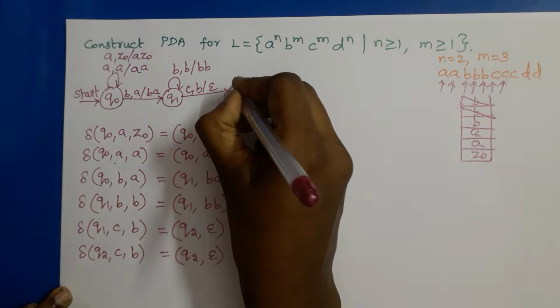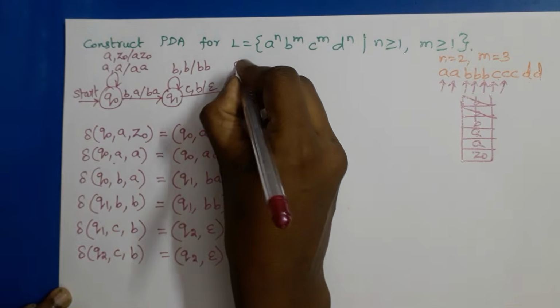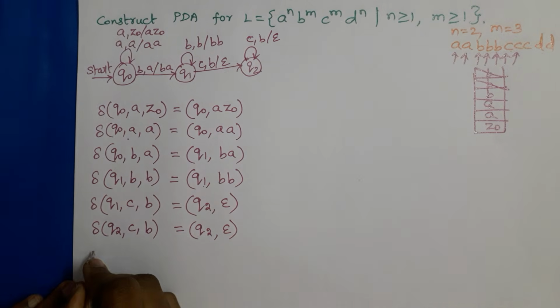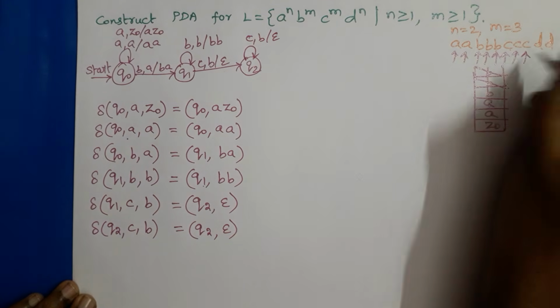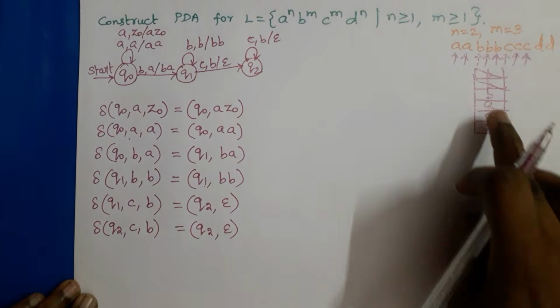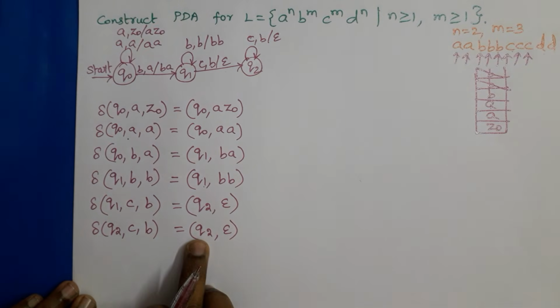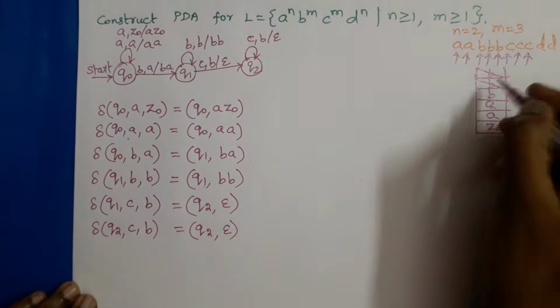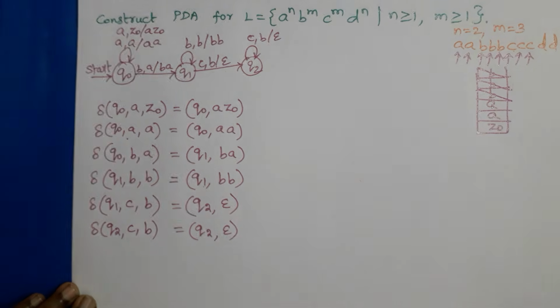So Q2 to Q2, draw an edge, and that edge is labeled by C comma B slash epsilon. Now the next input is C. Current state is Q2, the top of the stack is B, so Q2 is the next state, pop B.